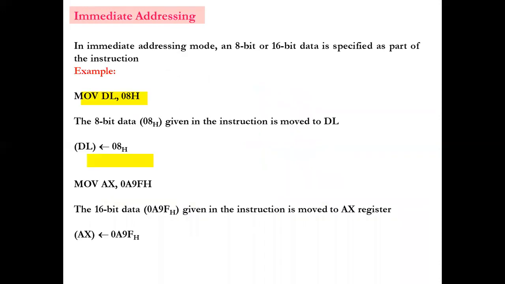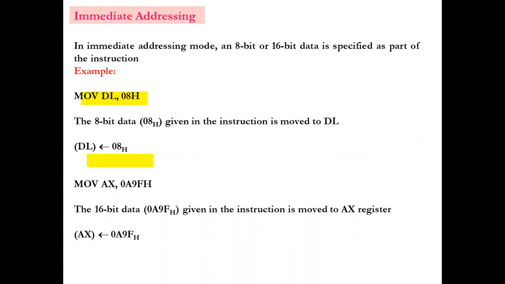Next one is the immediate addressing mode. In the immediate addressing mode, the data operand is a part of the instruction itself. We also know this mode from the 8085, where we use MVI for the immediate purpose.